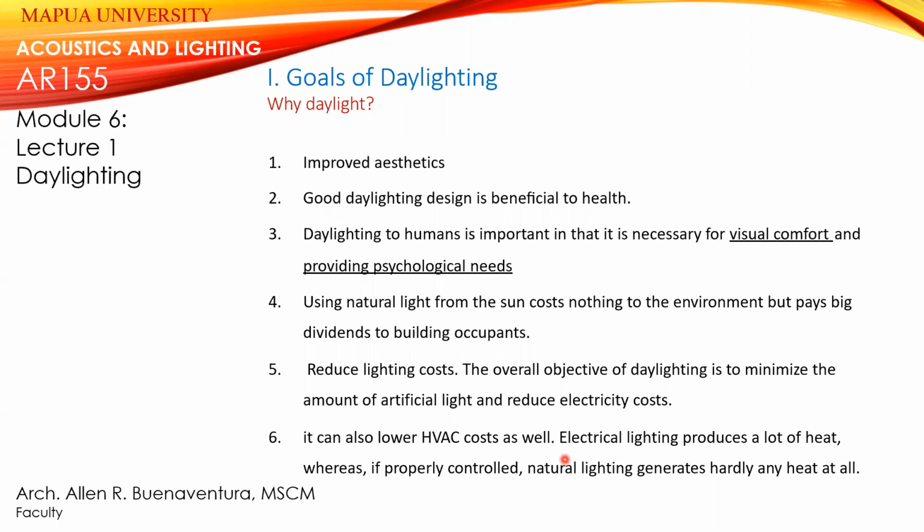If you don't need to do a task inside the room, you can maximize the natural light to go around the room. You don't need to put the electricity on. It can also lower the HVAC costs as well. Electrical lighting produces a lot of heat, whereas, if properly controlled, natural lighting generates hardly any heat at all.